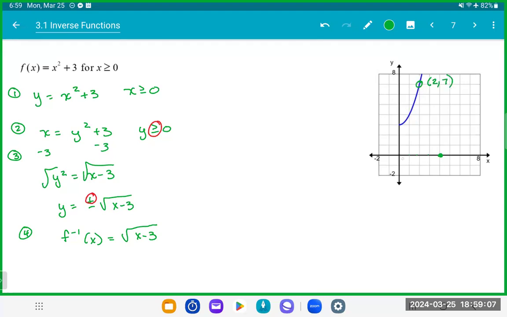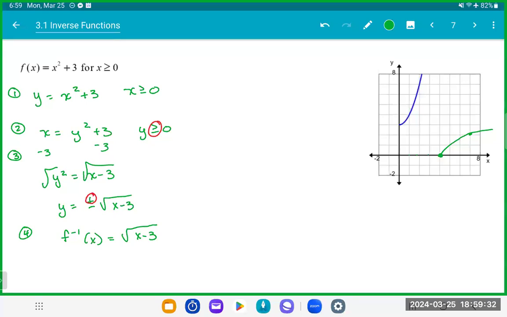So let's look at 7, 2. And so that would be the inverse of that function, right? So notice, whenever you're looking at the inverse, all you're doing is all of the x, y coordinates on the previous graph become y, x coordinates that you plot on the one you're looking at for the inverse.